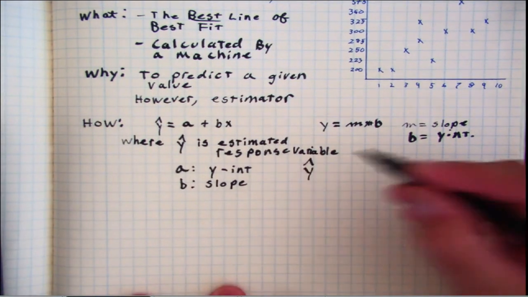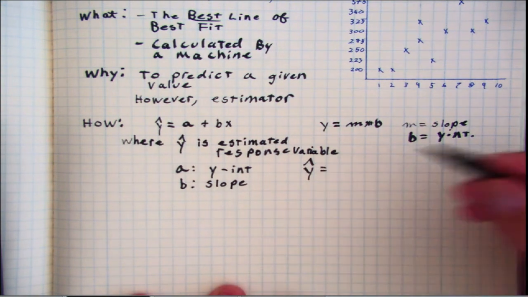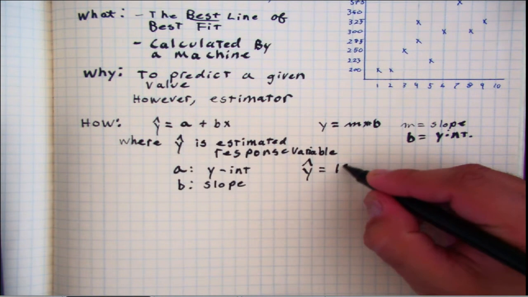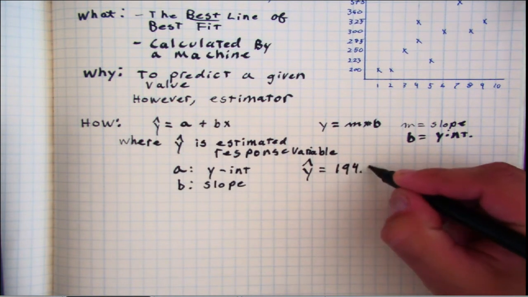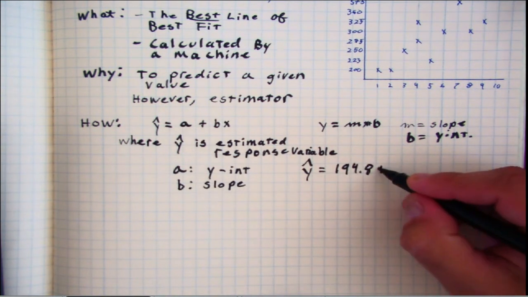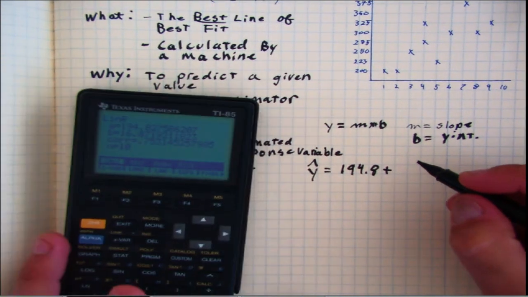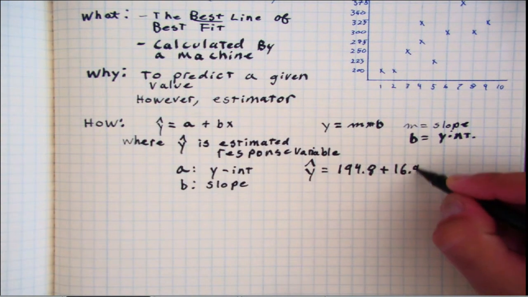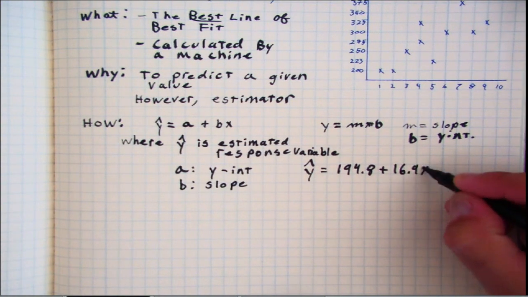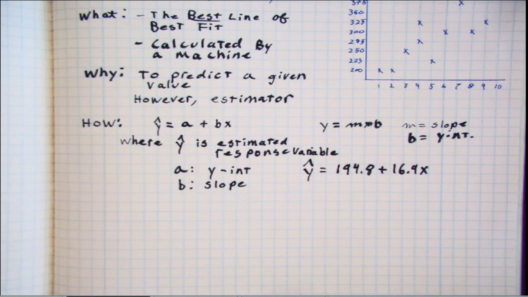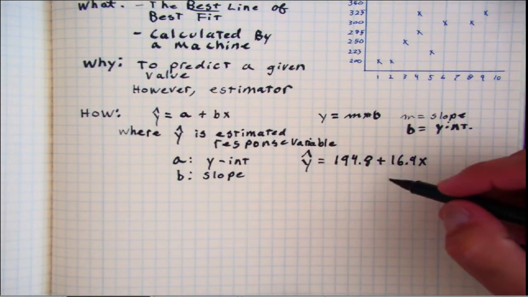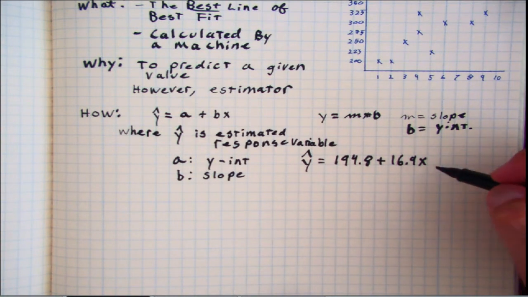So we have y hat is equal to A on the calculator, 194.8, plus B on the calculator was 16.87. Just use 16.9 x. Okay, now when you do the AP statistics exam, they like you to understand what the equation means.